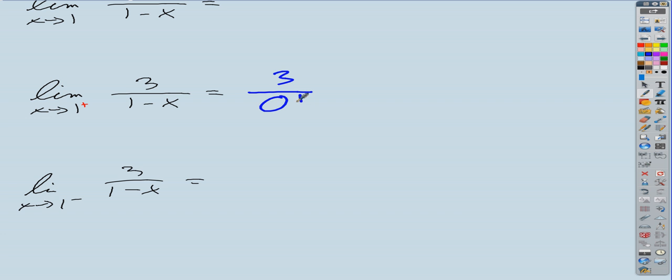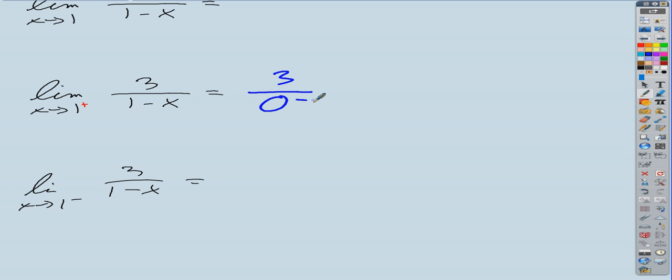So I'm going to call that a 0 plus, because 1 minus a number slightly bigger than 1 would be a number that's, hold on, are we sure about that? 1 minus a number slightly bigger than 1. Because 1 plus is like 1.0 something, it's going to be negative, right? So 1 minus 1.something, isn't that going to give us negative 0.something? Yes. Right? So that's actually a 0 minus on the bottom, isn't it? Okay. So now how do we interpret that?